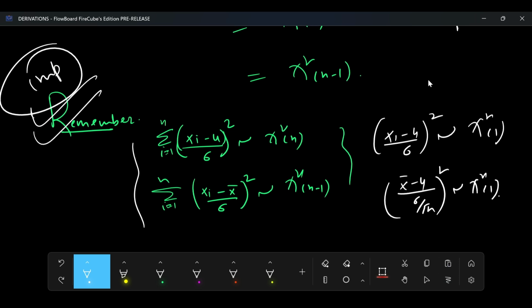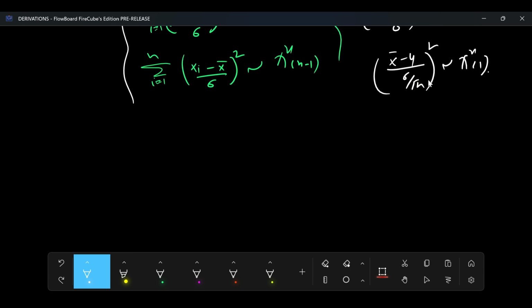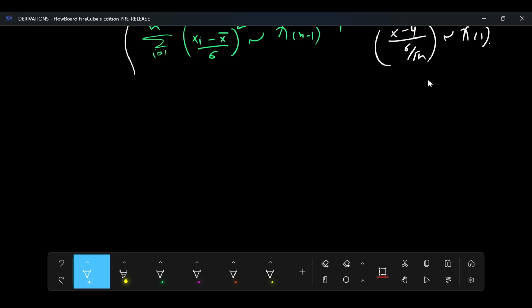Now, as I said, summation (xi minus x bar) square upon sigma square will follow chi square n minus 1. What will be the expectation and variance of this?